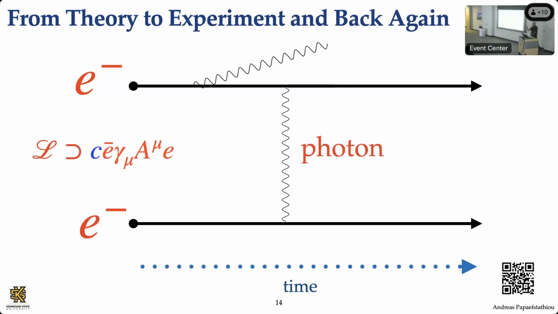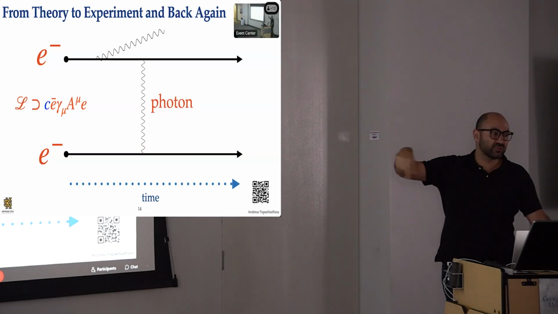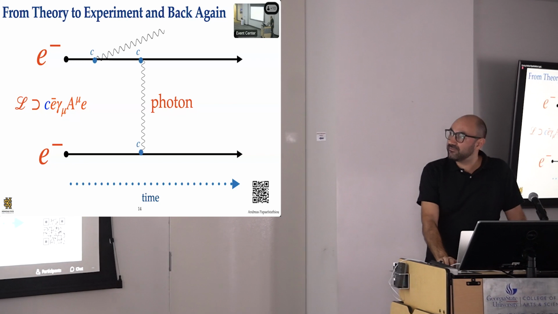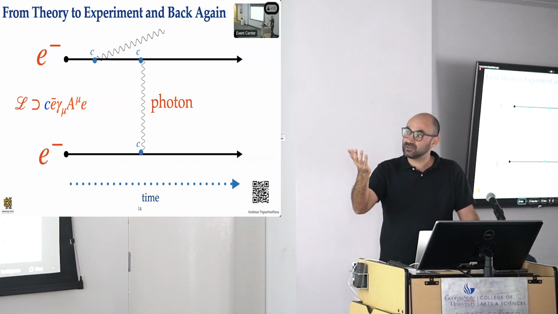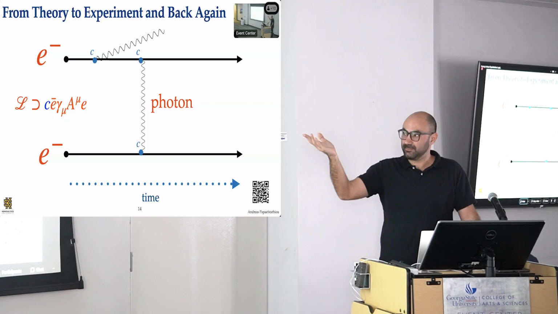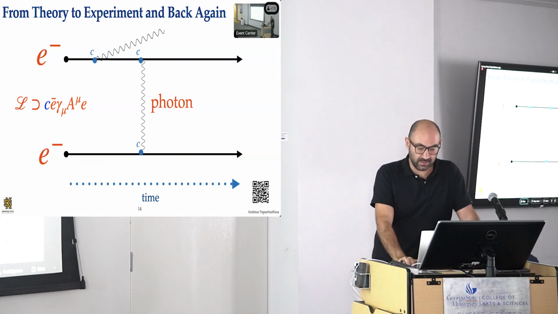Don't worry too much about the expression, just focus on the fact that there is a C in front of the interaction between two electrons and a photon. So this is an electron emitting a photon, and it continues being an electron. Every time you have such an interaction, you associate it with that C, which is a coupling. So every time I see a photon being emitted from an electron, I associate it with a coupling.